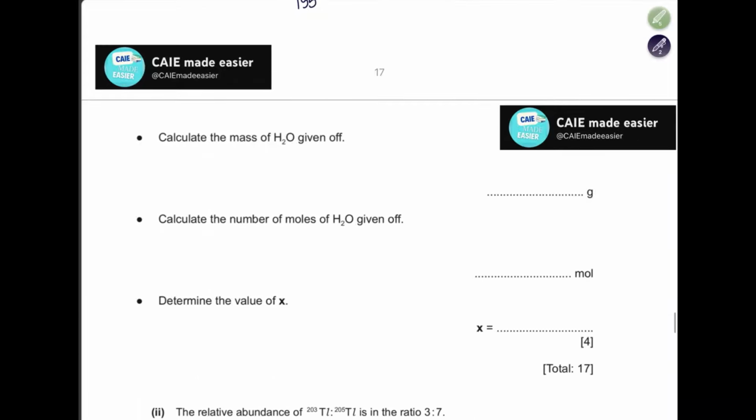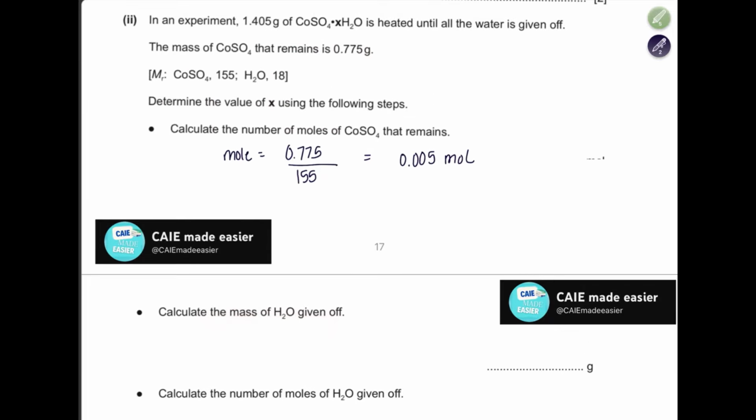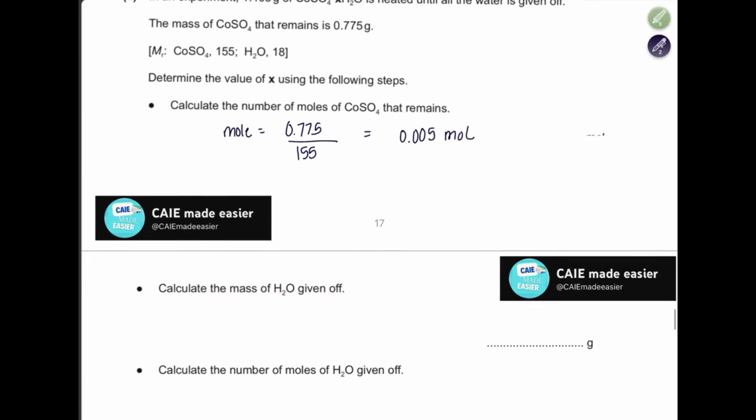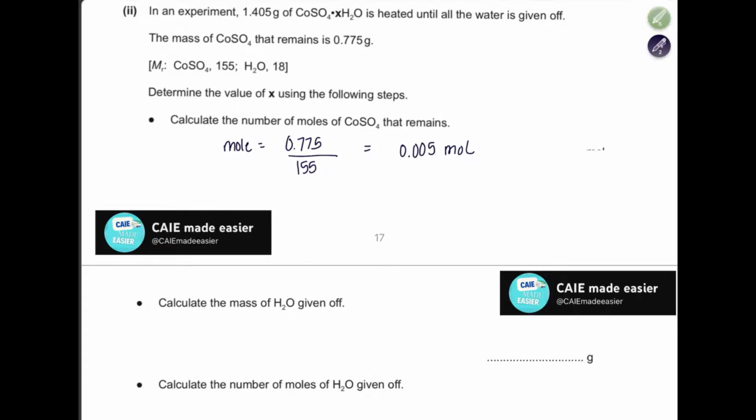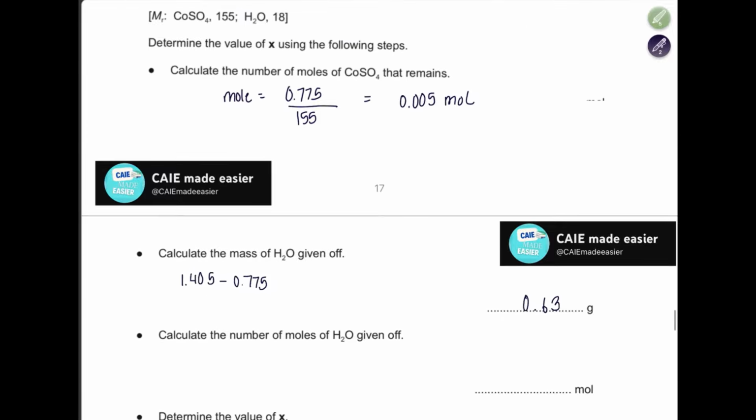Alright, now we're supposed to calculate the mass of water given off. To do that, we just have to subtract the mass of anhydrous from hydrated. So it's going to be 1.405 grams minus 0.775 and you get 0.63 grams.